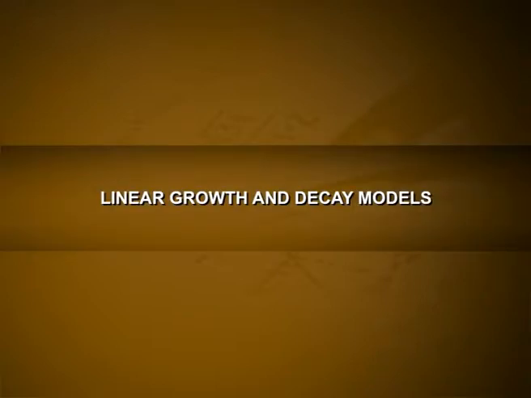Next, linear growth and decay models. Population growth models. Let x(t) be the population size at time t and let b and d be birth and death rates, that is the number of individuals born or dying per individual per unit time.